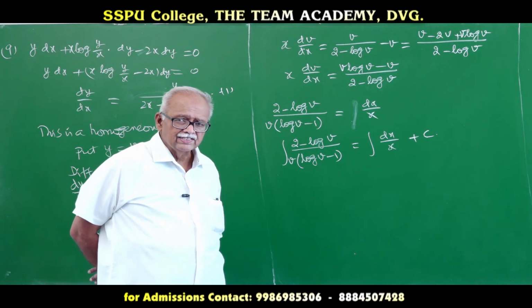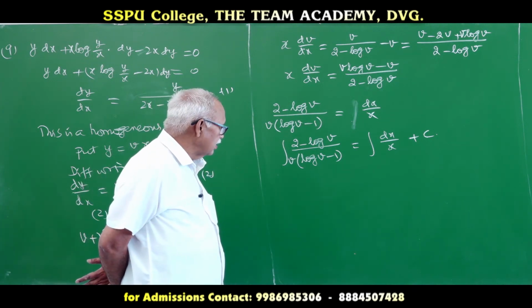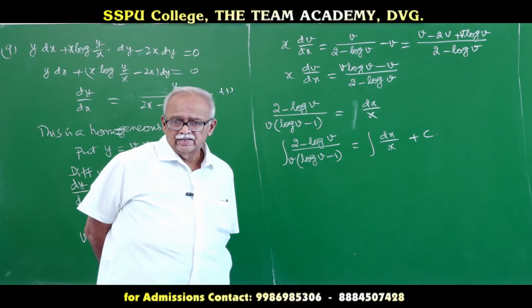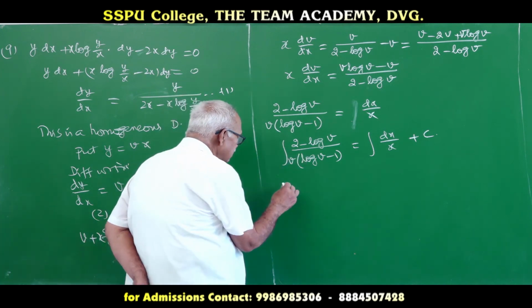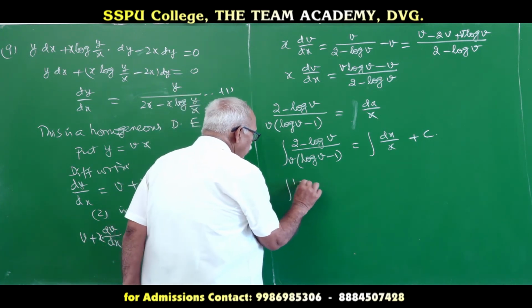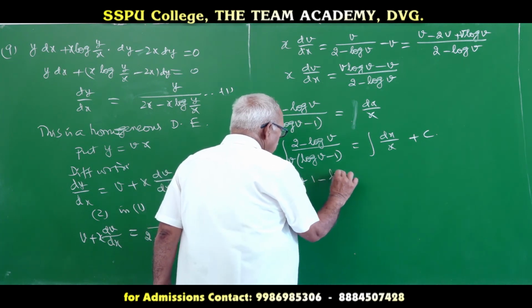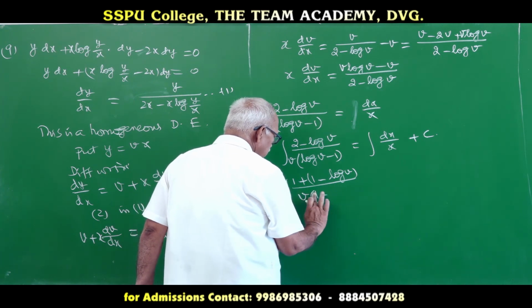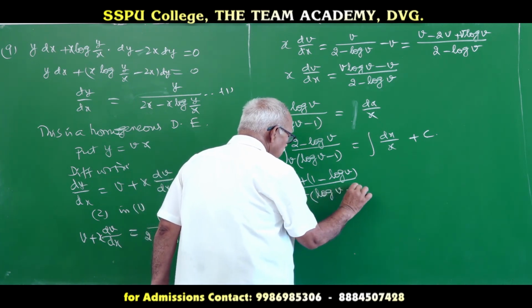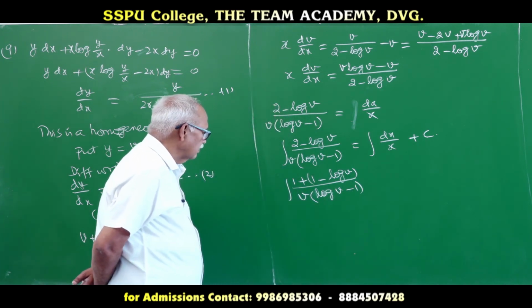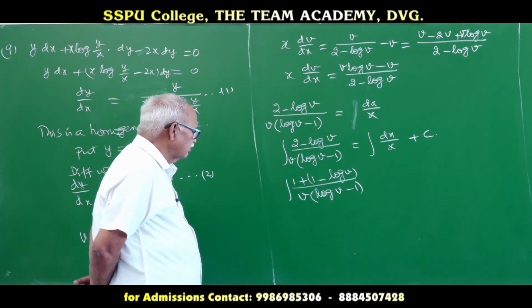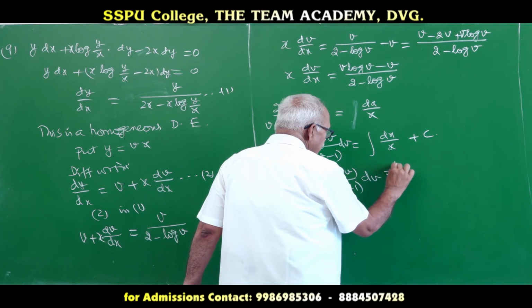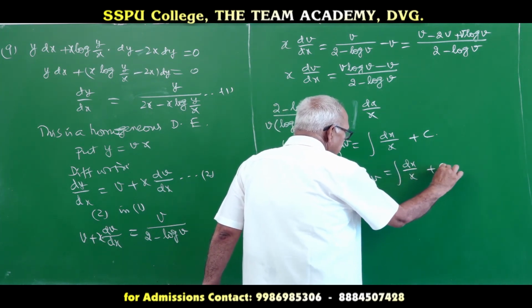Finally, if log c is required, we can write it as log c. Now, how to integrate this? Here you see log v minus 1 is there. So, we can write this as 1 plus 1 minus log v divided by v into log v minus 1, into dv, is equal to integral dx by x plus c.